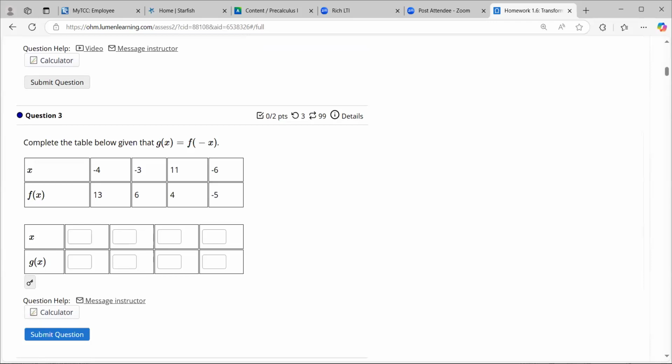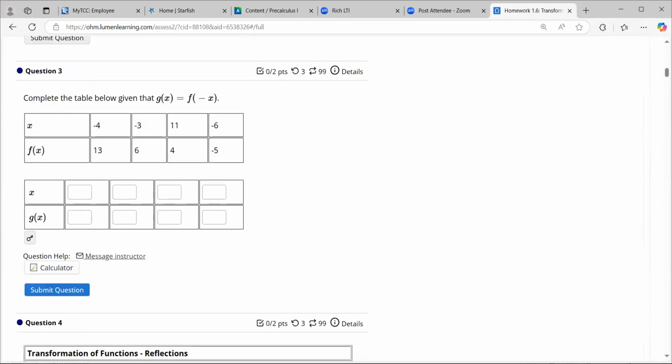Number 3. So the daughter function g of x is f of negative x. f is the mother function. So the transformation is we multiply by -1. We multiply the input by -1.